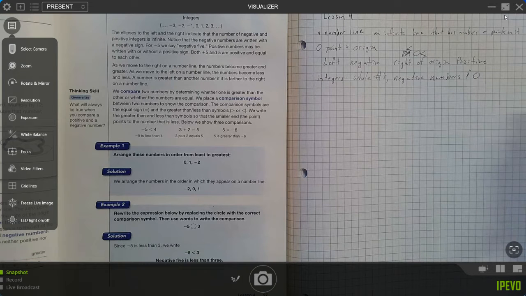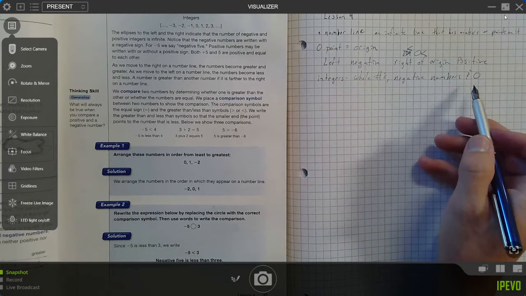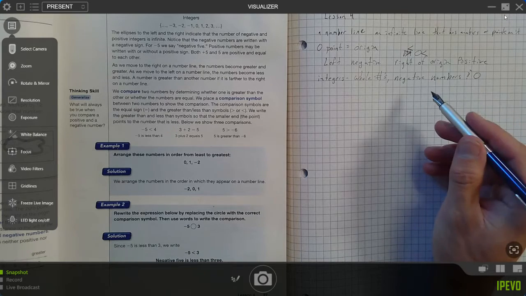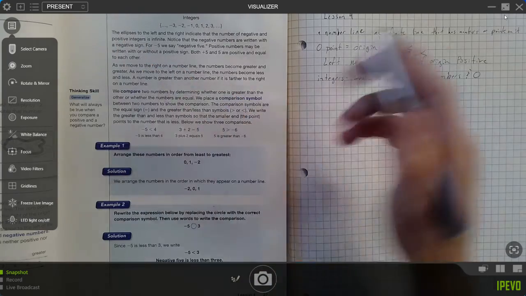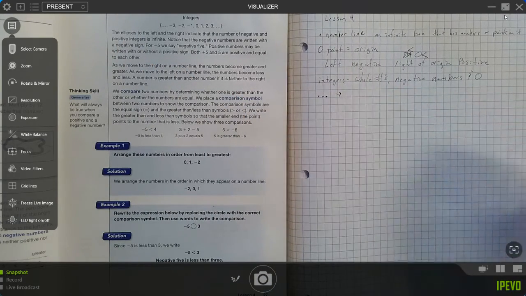They go on forever. There's no last number. It always can go bigger. Okay. You can always add another 0 or another number to it. Ellipses represent dot dot dot are the same as the arrow. That means that it continues on that way. Okay.